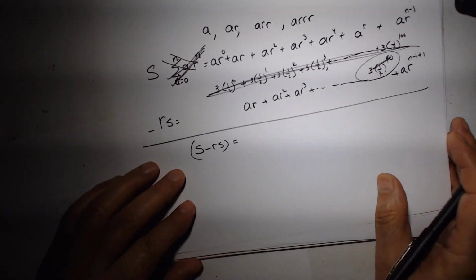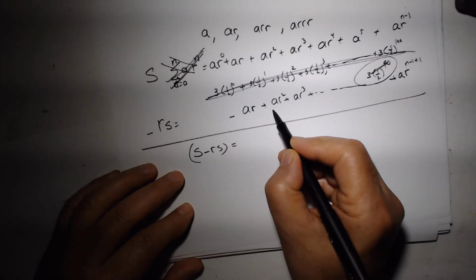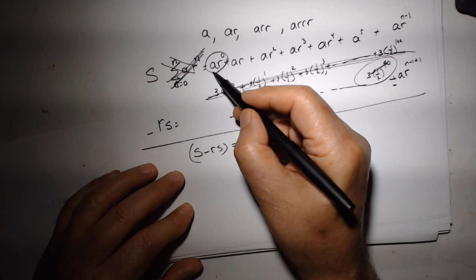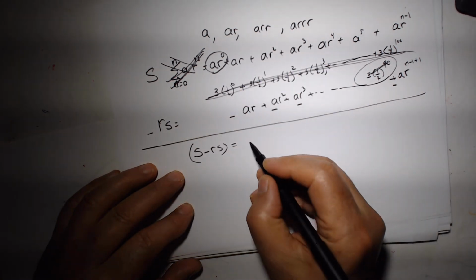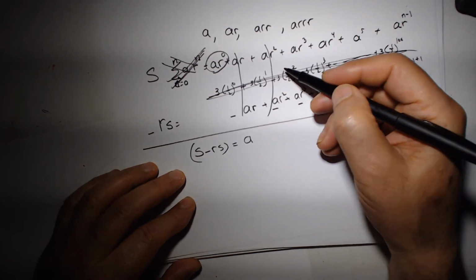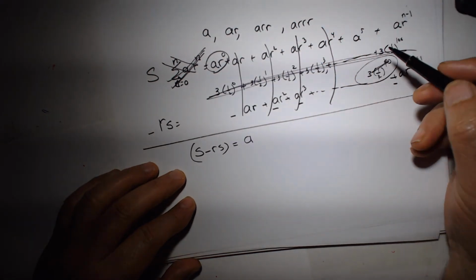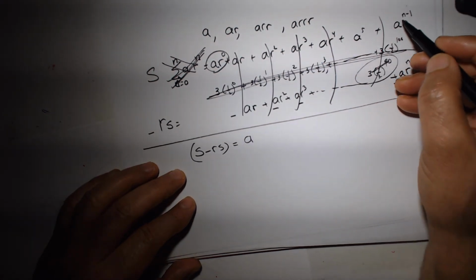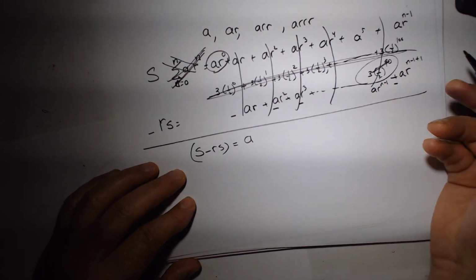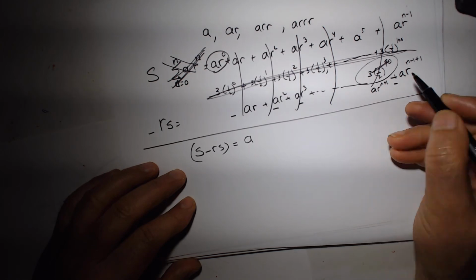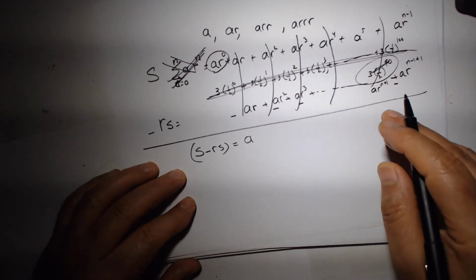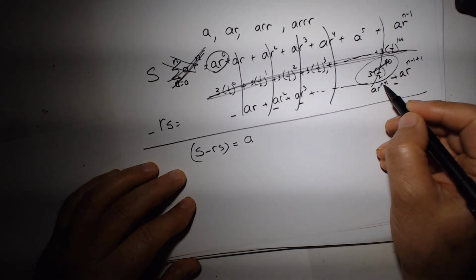Here this one doesn't have any term, therefore you write the A. But this and this is gone, this and this is gone, all this is gone. But remember, AR to the n minus 1 came from adding 1, because it was n, and then n minus 1, then I added 1.